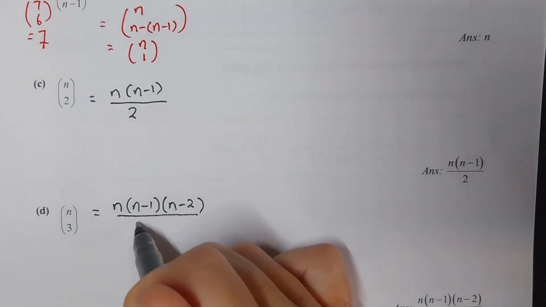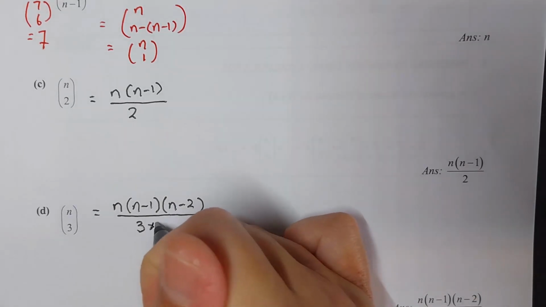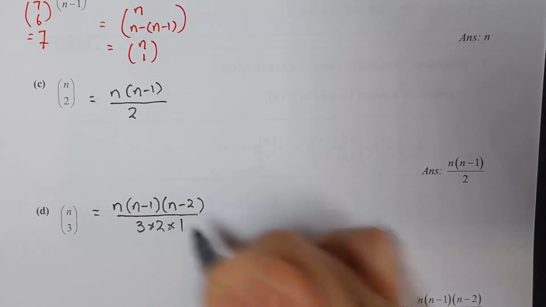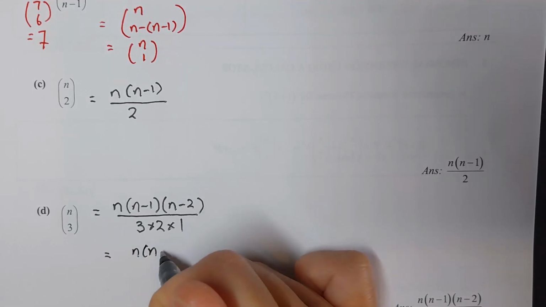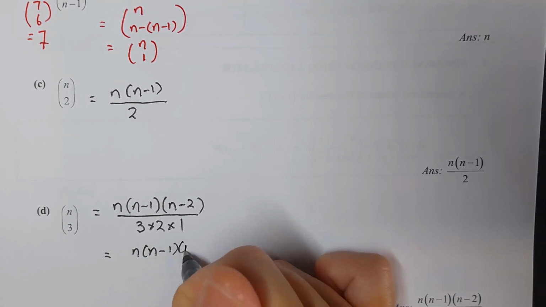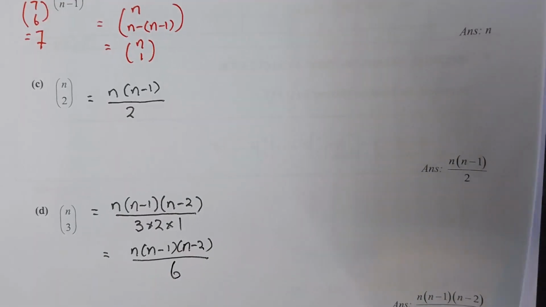As for the denominator, we will start with 3, and we'll go in descending order consecutively 3 times. So 1 time, 2 times, 3 times, and that will give us n multiplied by n minus 1 multiplied by n minus 2 over 6.